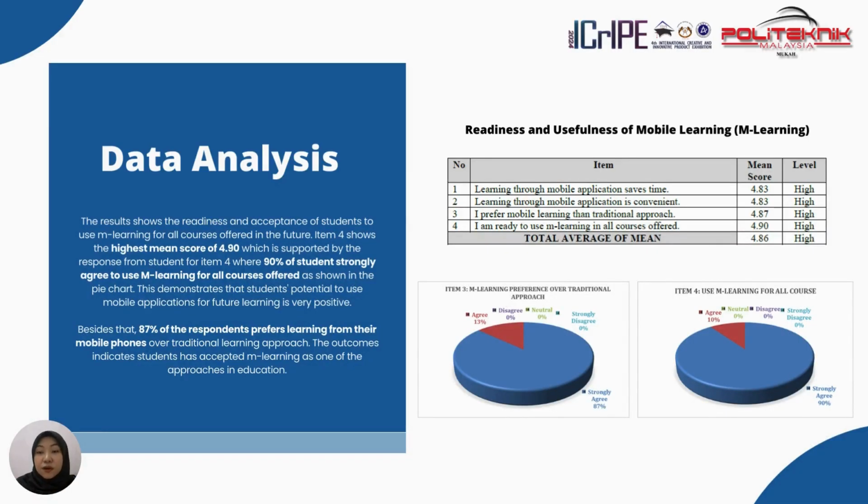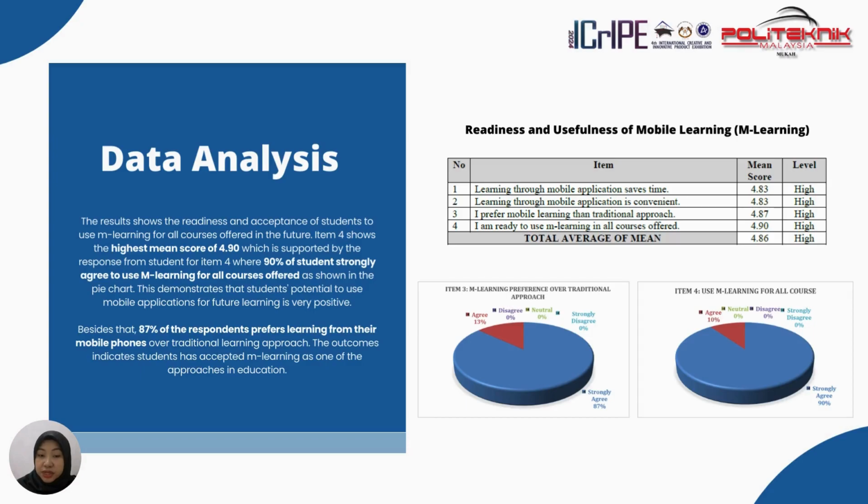Next, for the second objective, which is to investigate the readiness and the usefulness of mobile learning, the result shows that the readiness and the acceptance of students to use M-learning for all courses offered in the future is high.